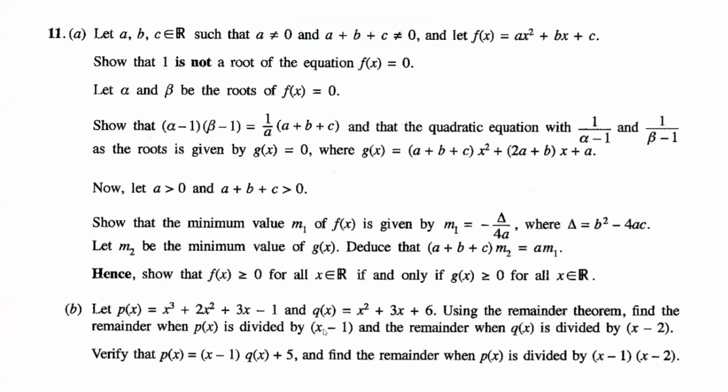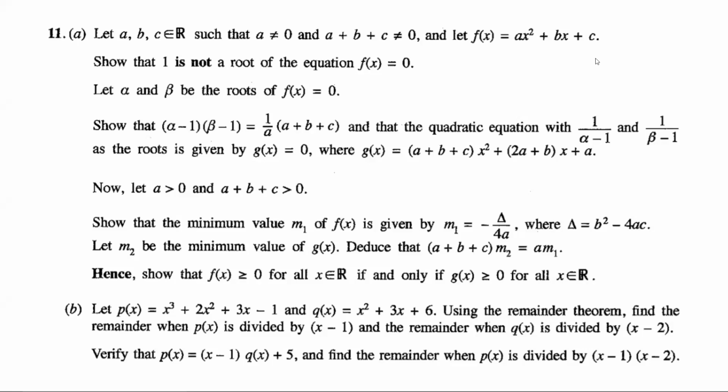So any idea? Now if an entire function is greater than 0, then we can say that its minimum value is also greater than 0. And that's obvious, right? If the entire function is always greater than 0, that means the minimum value of the function is always greater than 0.